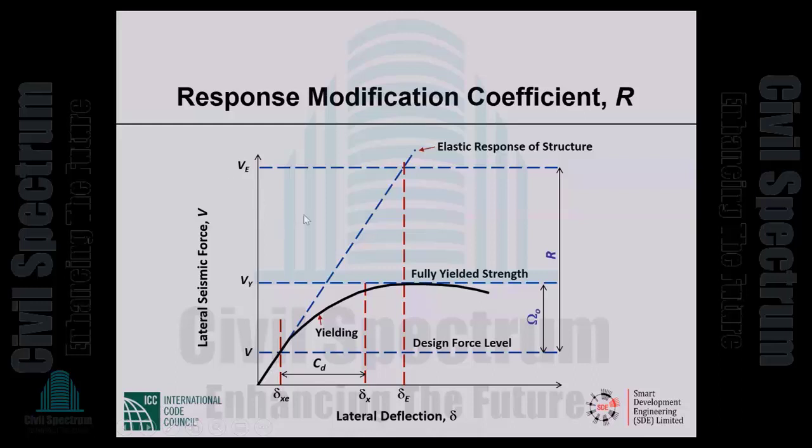So to have elastic behavior in the design earthquake, we would have had to design the structure for a strength equal to V sub E. Our code allows us to design for a much lower base shear V. R is the ratio between the two. V is equal to V sub capital E divided by R. Okay, so that's the R value.